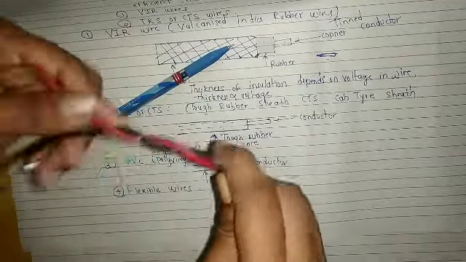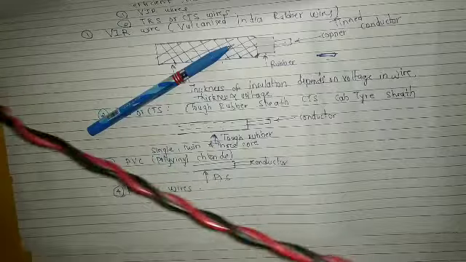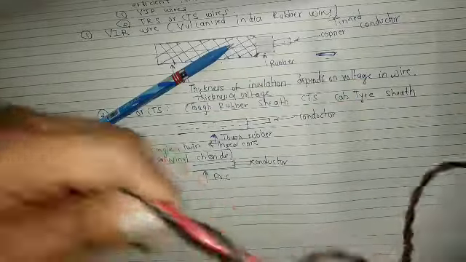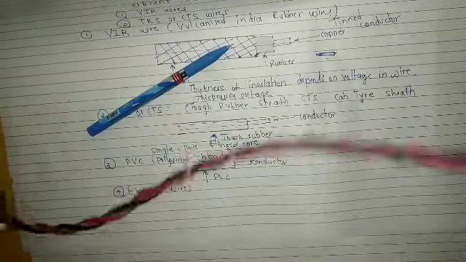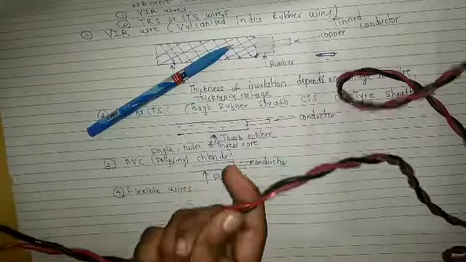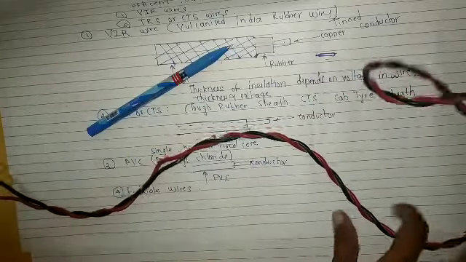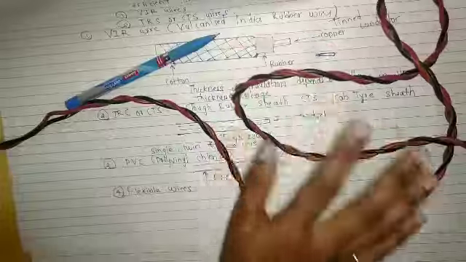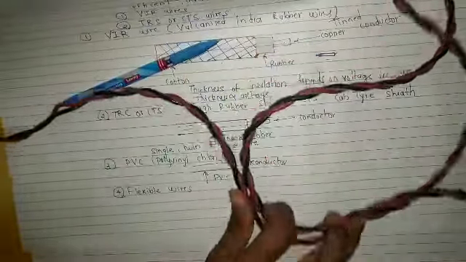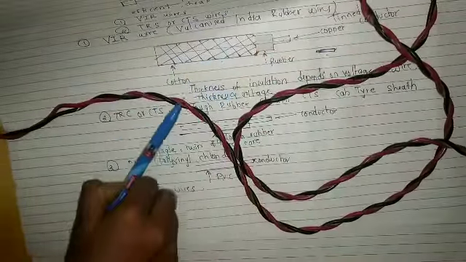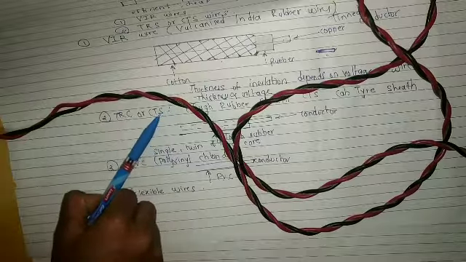You can see these are two wires twisted together, and hence they are called twin flexibles. So this wire is called a twin flexible. It is very flexible and has two wires twisted together.